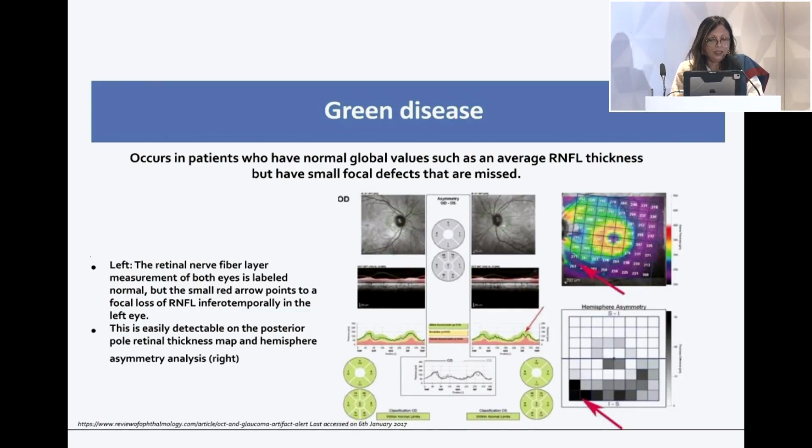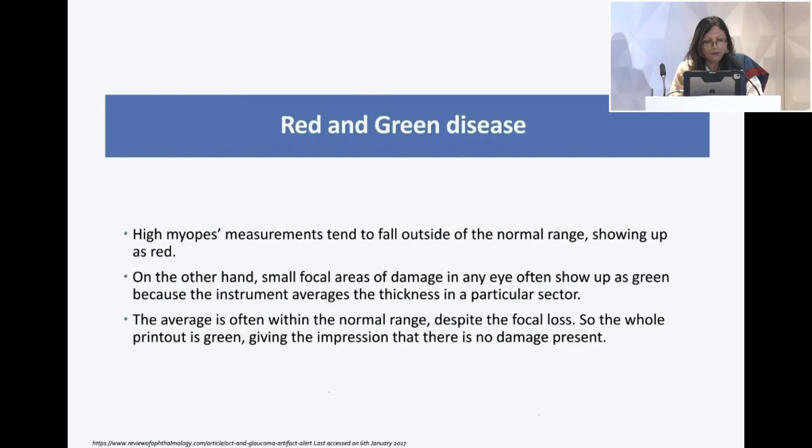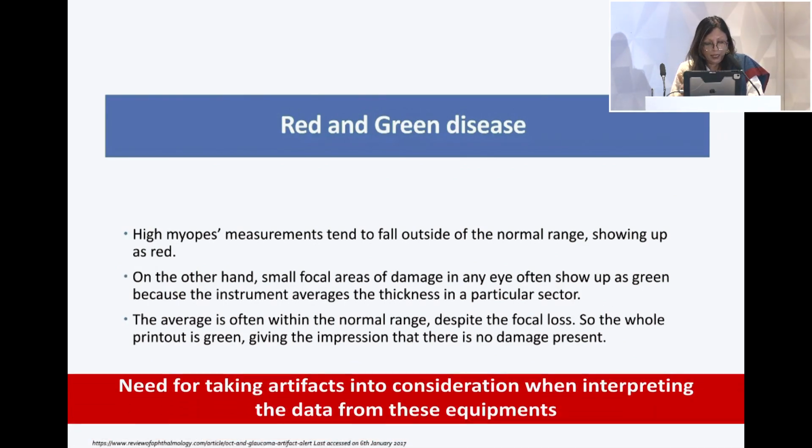And the green disease occurs in patients who have normal global values, such as average RNFL thickness, but have small focal defects. So a small focal defect actually might not be identified by the OCT. That's where you have the green disease. So red and green disease: high myopes and small focal defects which can be missed by the OCT, and the need for taking artifacts into consideration when you're interpreting the data from these equipments.